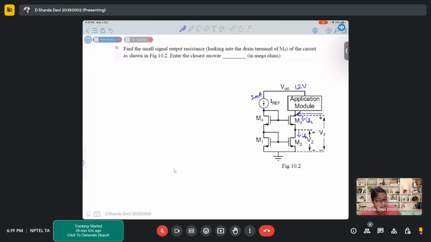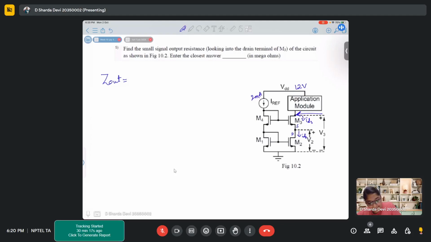Now here again we have first of all this current mirror like diode configuration, and then we have two transistors in cascade fashion, like one transistor connected to other. So the source is connected to drain of another transistor, right? So in this type of configuration, how do we write Z out? These things are already analyzed in lectures, and you can also visit the lectures.